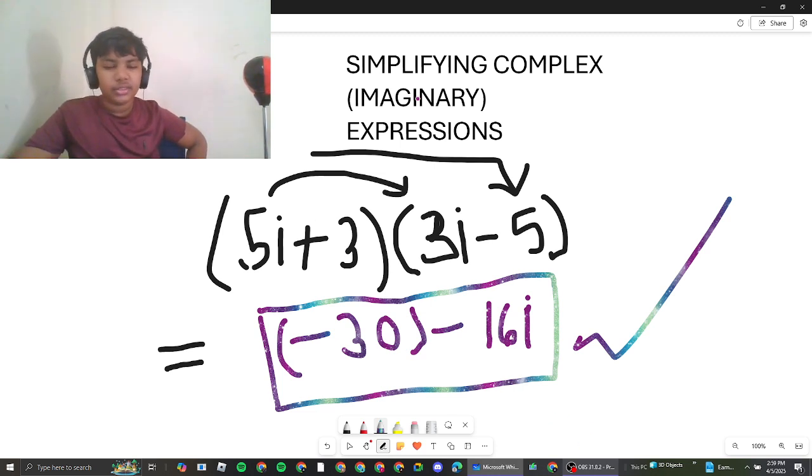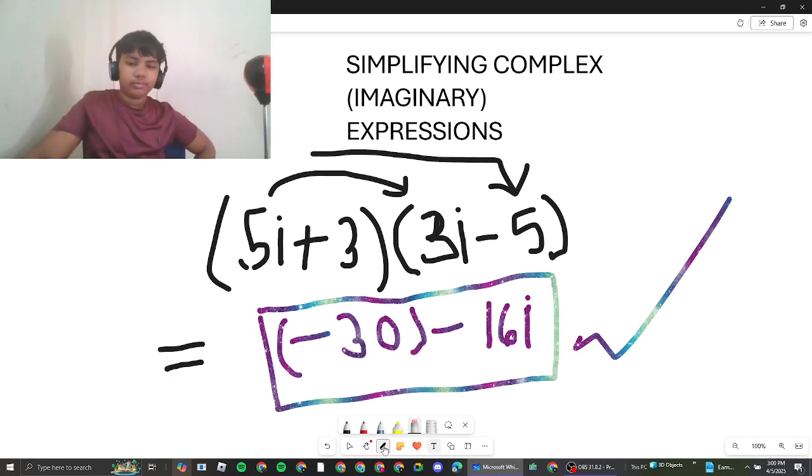Alright, so now that we covered that, if you want to check this, you can divide this by this or this, but division is like a whole other thing. Yeah, let's try division.